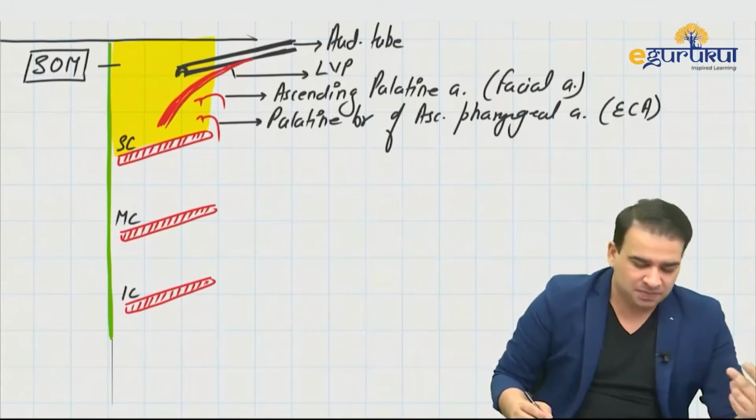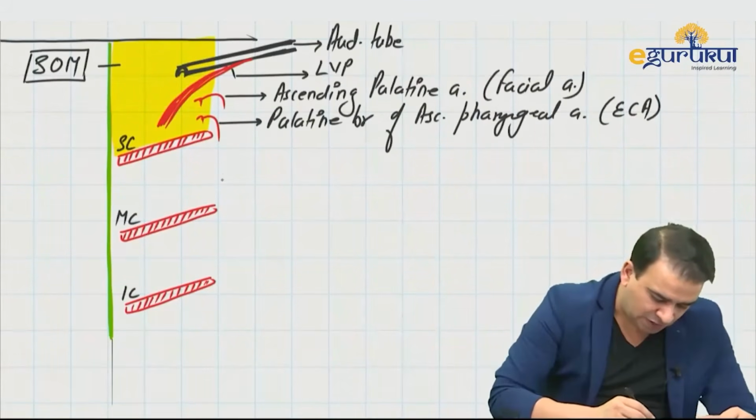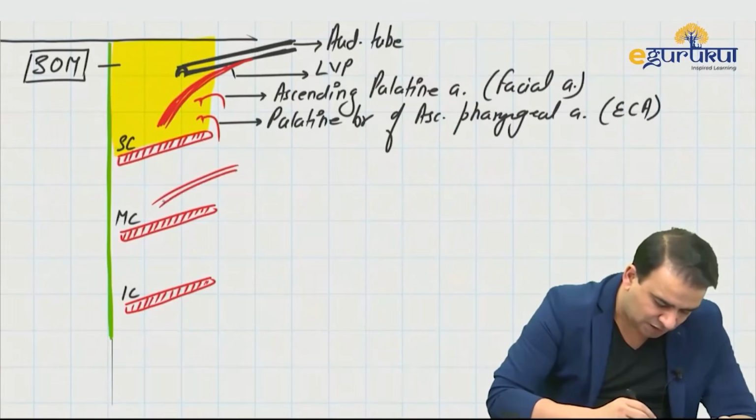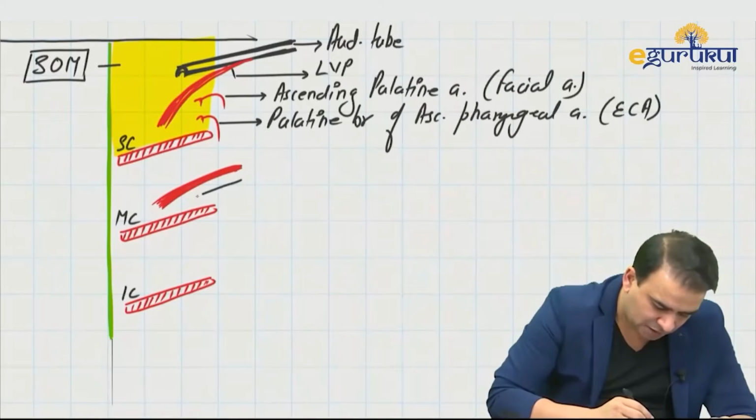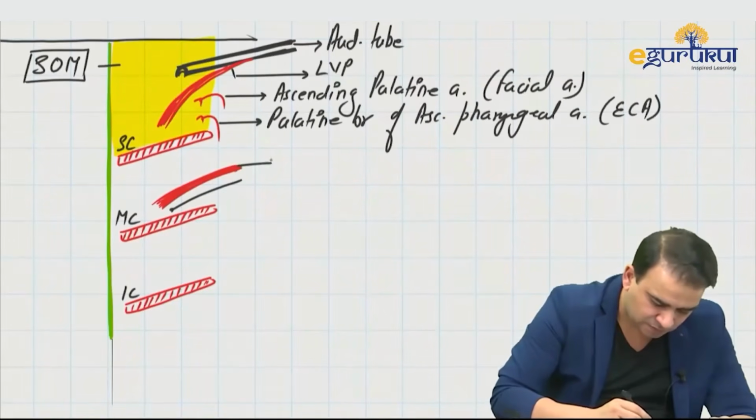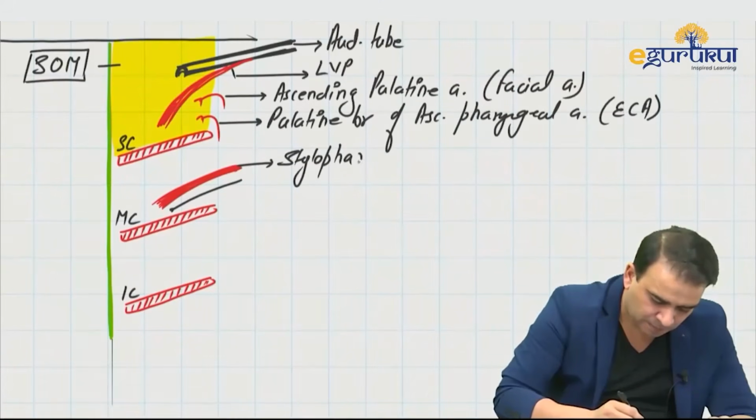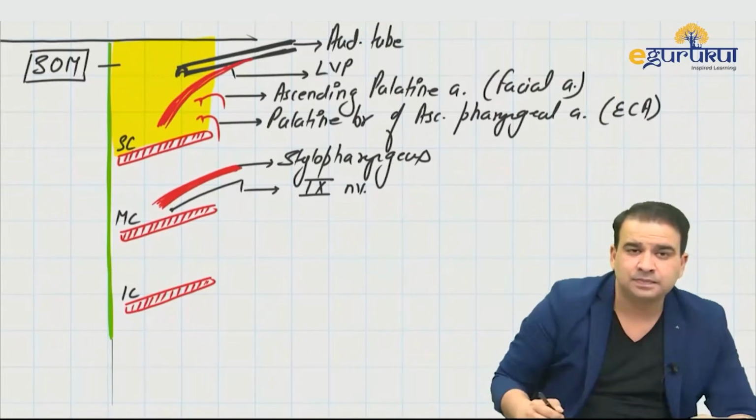The rest of the spaces, you know it. Between superior and middle constrictor, the muscle is what? Stylopharyngeus, coming from styloid process, and its nerve, that is glossopharyngeal nerve.